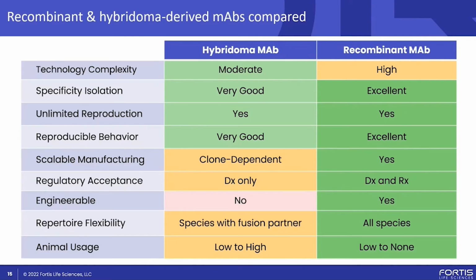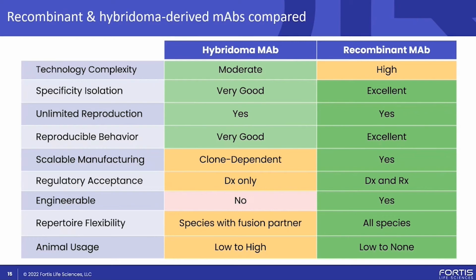Okay, so what I'm going to do on the next few slides is talk more about the hybridoma-derived antibodies and recombinant antibodies, sort of head-to-head. The previous slides described the technologies, and it's important to remember when we talk about recombinant antibodies that they represent really the final product. The final product is a recombinant antibody, but they also reflect on the technology used to generate them.